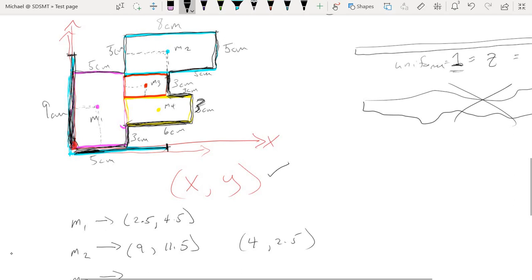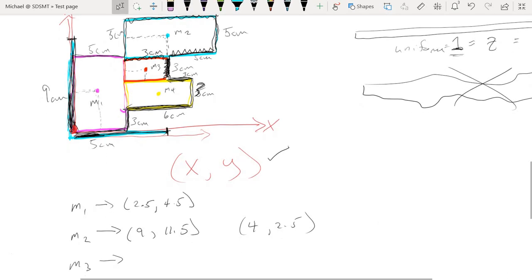I know that the vertical side length right here is 3, and even though it may not look like it, I've got this portion, which is the difference in 8 and 5, so this would be 3 as well, even though it doesn't look like a square. That's what I get for doing a freehand diagram.